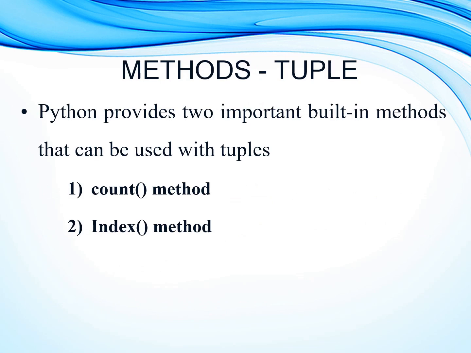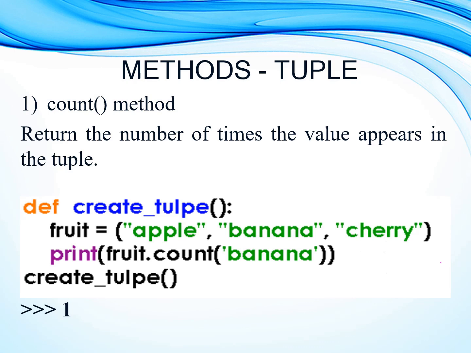Next, we are going to see 2 important built-in methods that can be used with tuples, the count method and the index method. The count method returns the number of times a value or item appears in a tuple.